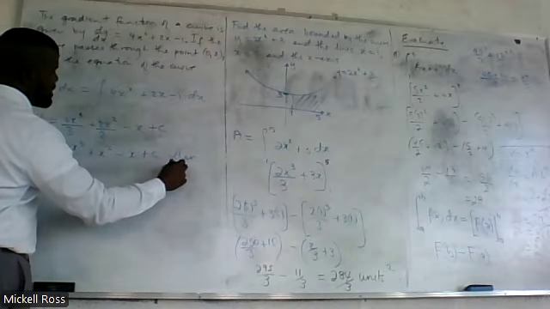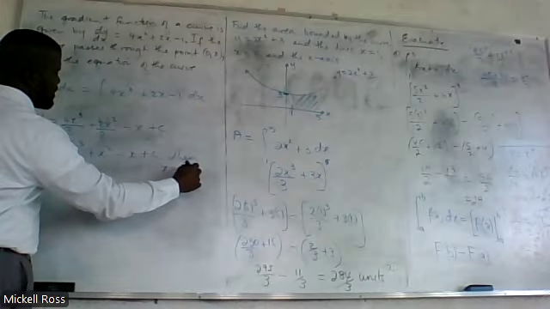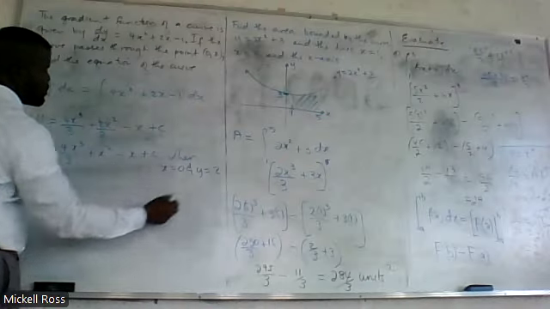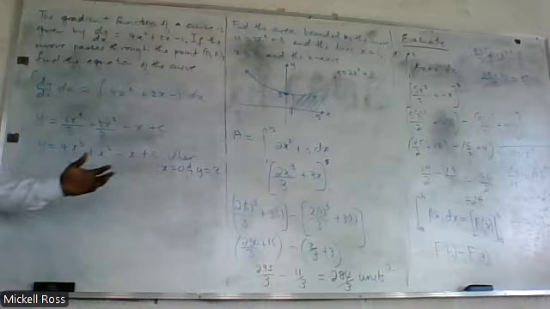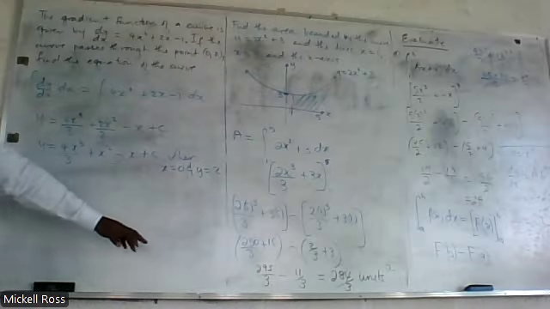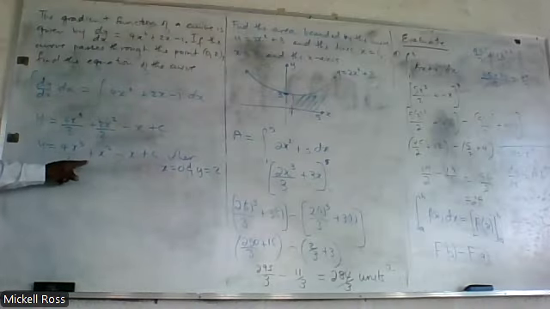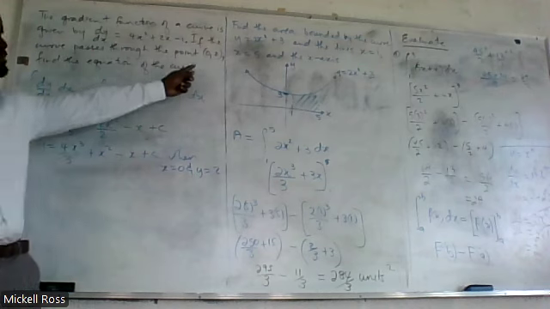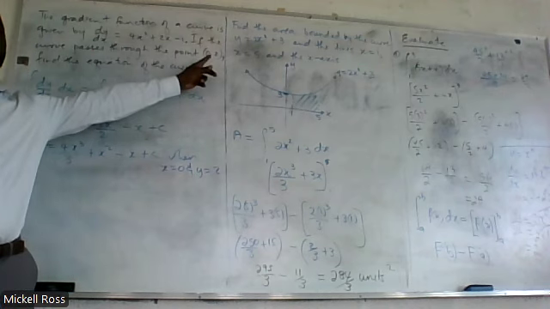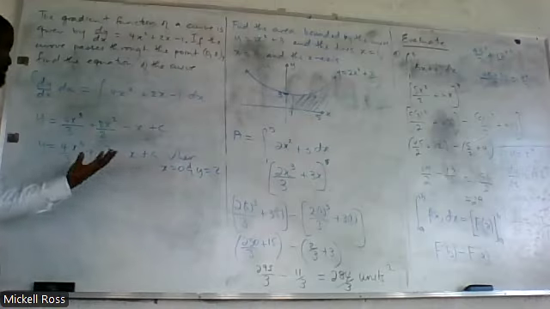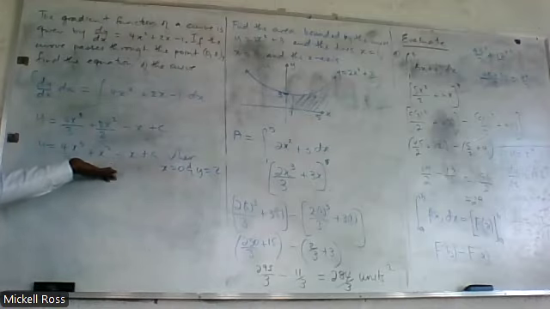When x is equal to 0 and y is equal to 2. Why do we use this? Because it says this curve, this equation, must pass through this point. So the values of x and y must satisfy this equation. Why?